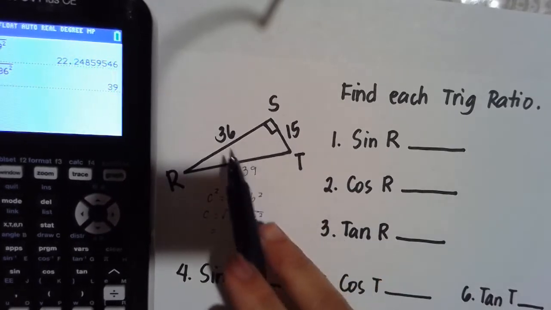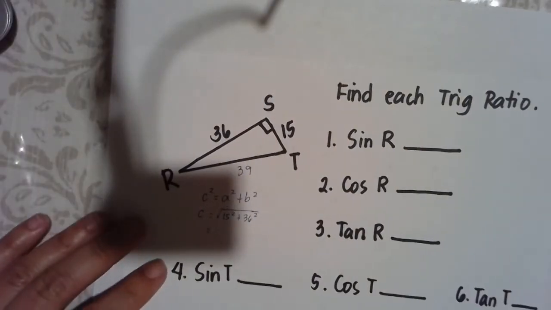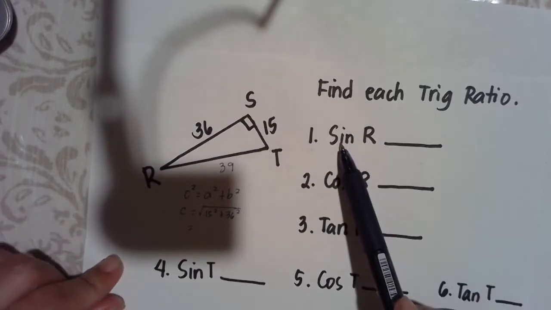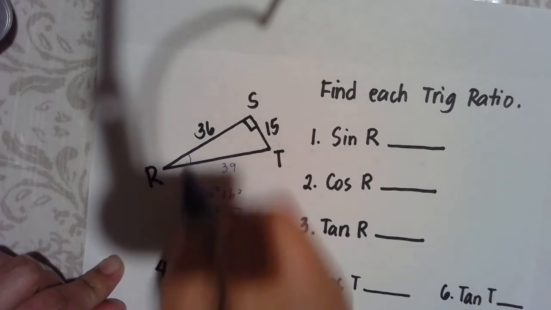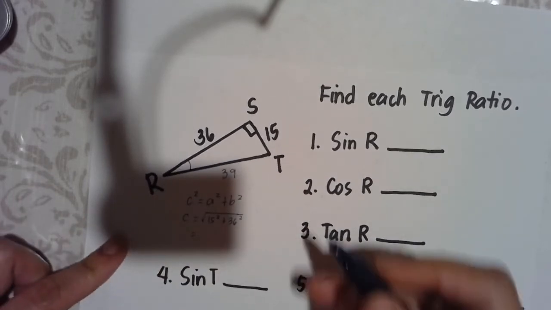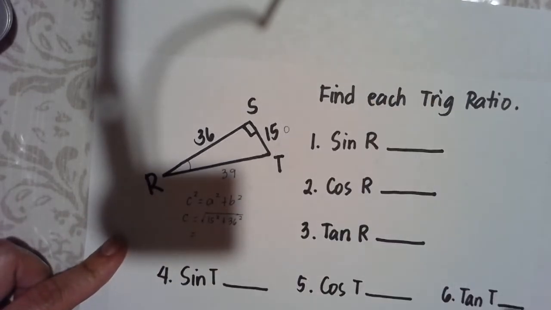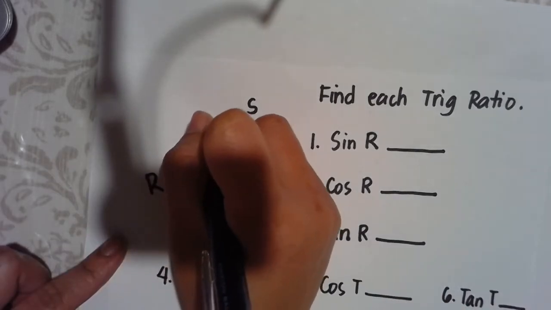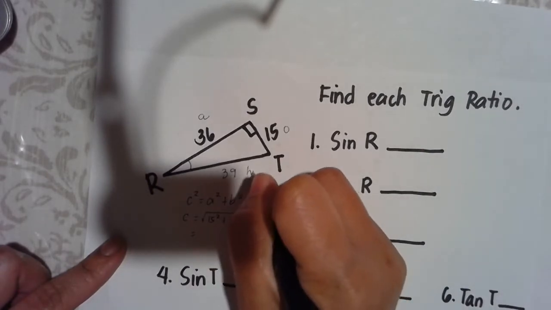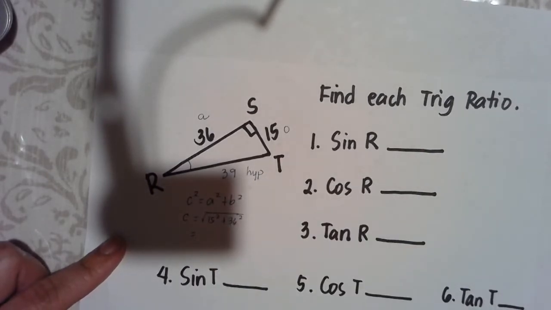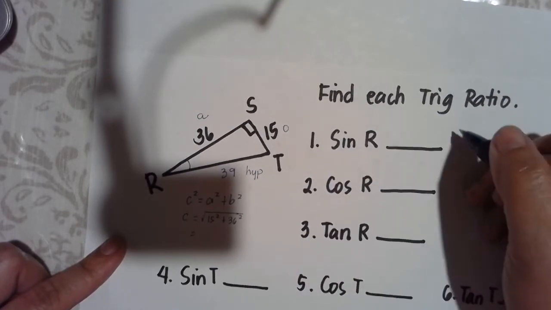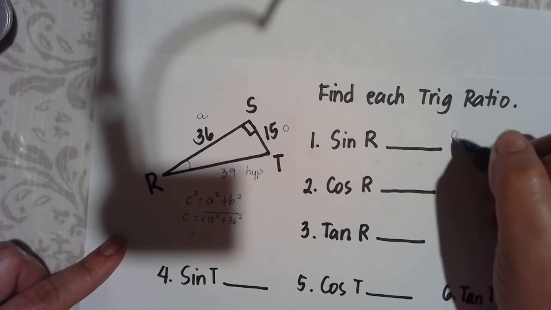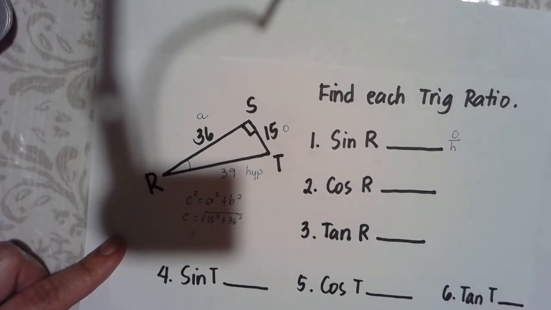Now that all the sides are complete, we may find each trig ratio. It says your reference angle is angle R. Given this reference angle, this will be your opposite side, this is your adjacent side, and this is your hypotenuse. Remember that sine is the ratio of opposite over hypotenuse.